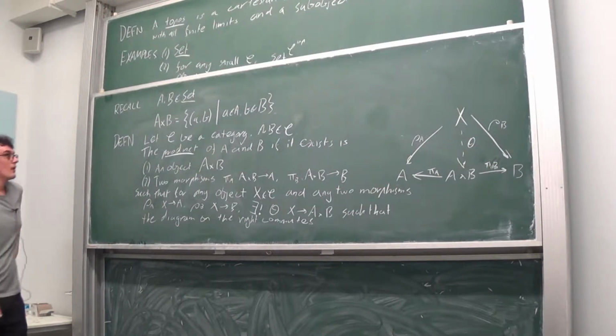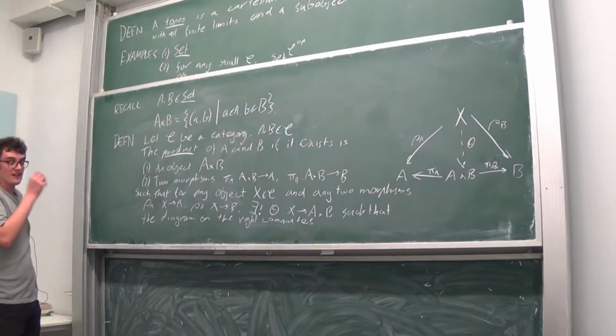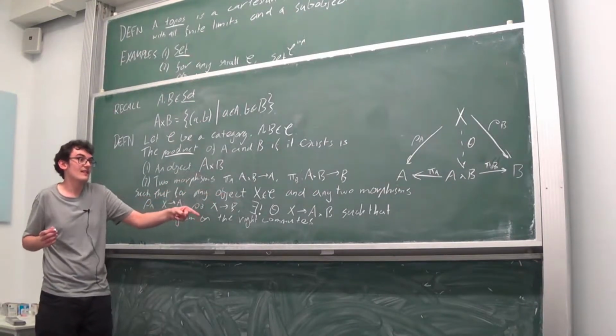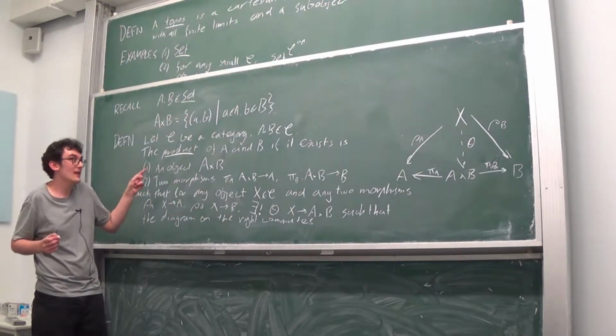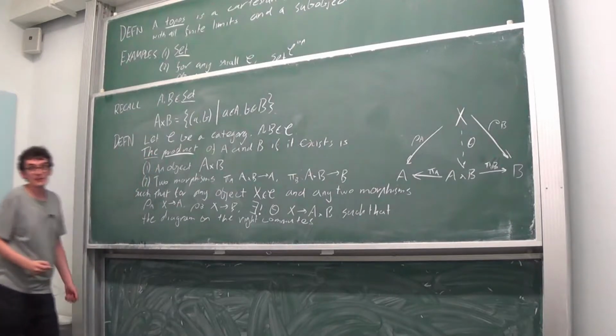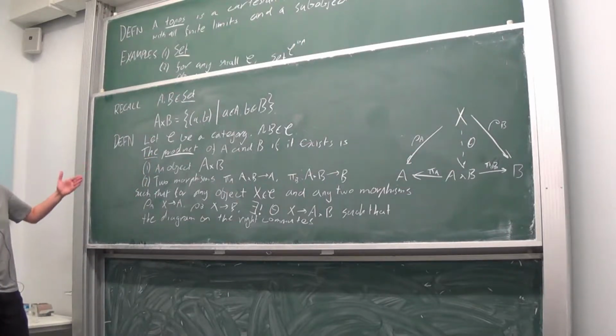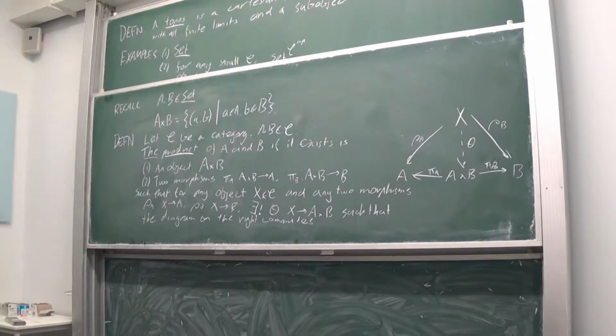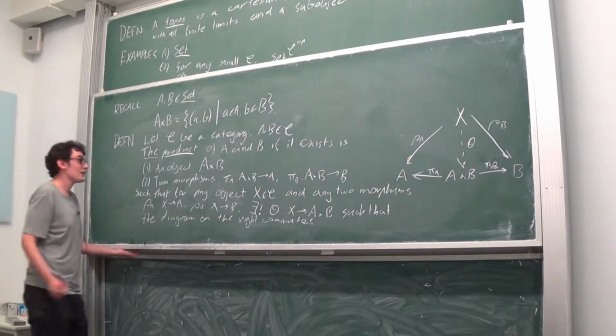Secondly, once you know that the product exists, the fact that this morphism is unique also guarantees that the product of two objects will be unique, which means that this use of the word the is actually reasonably well justified. There is only one product up to unique isomorphism of a pair of objects. Cool. And that's a nice exercise to actually check, but I won't go through the details now.